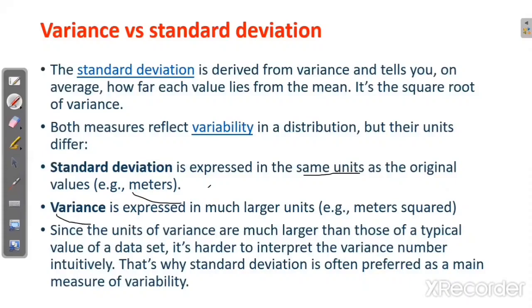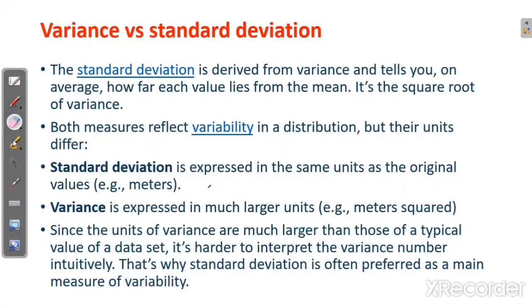But the variance shows larger values, in meter square. It always shows the square of the unit we are taking, so obviously the result will be a larger value. So it is harder to interpret the variance number, and that is why we go for the standard deviation, which is easier to interpret.